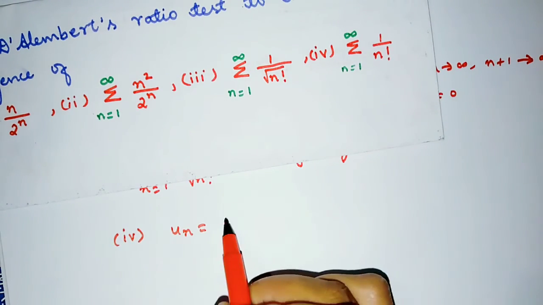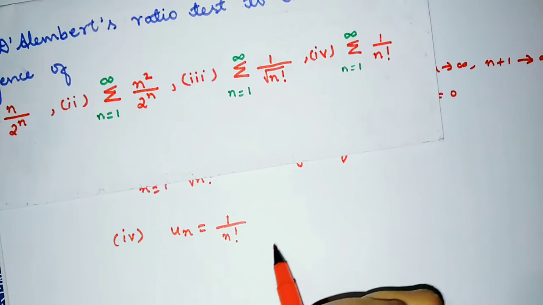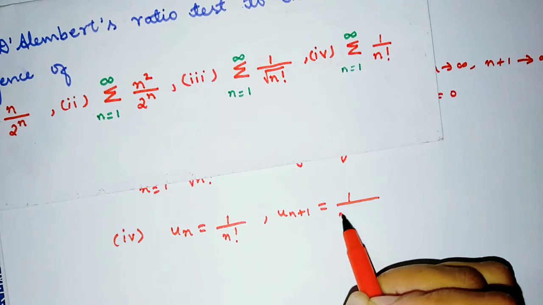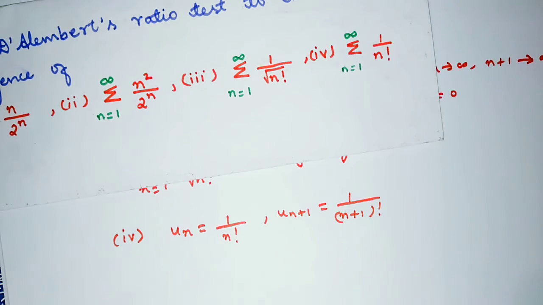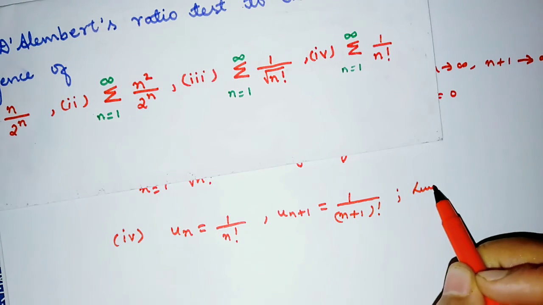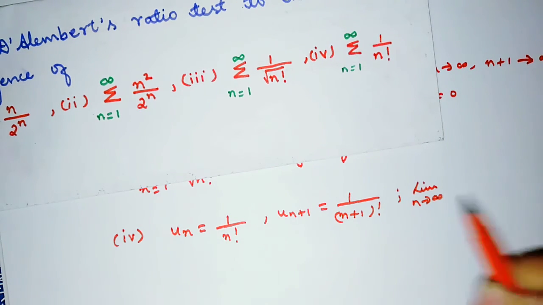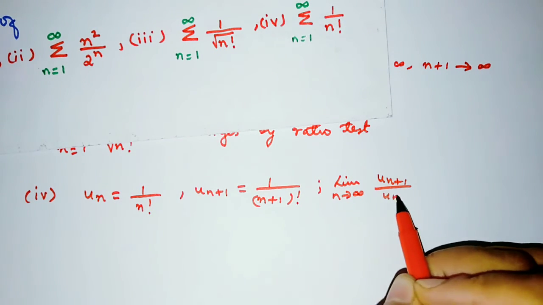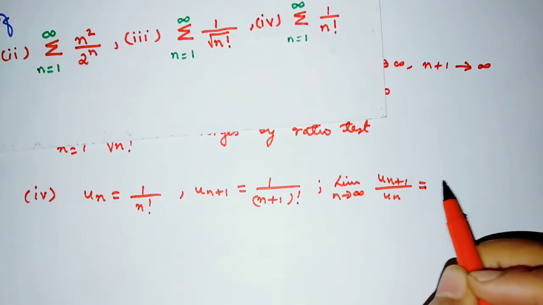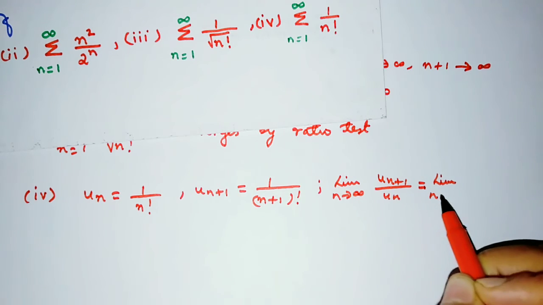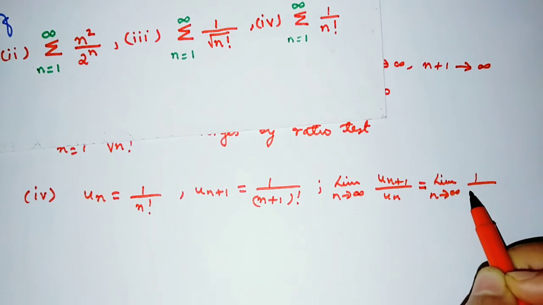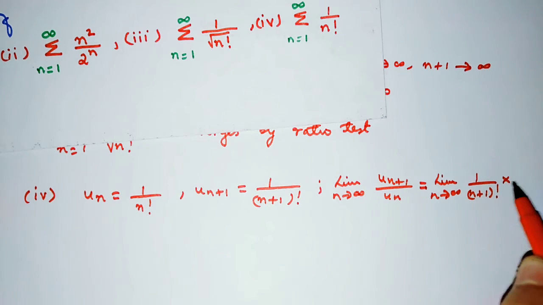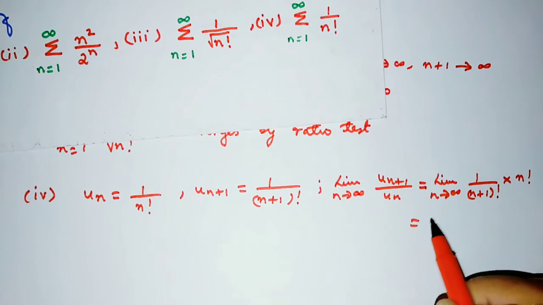Our UN is 1 by n factorial. Now what is UN plus 1? It is 1 by n plus 1 factorial. So now limit n tends to infinity, UN plus 1 by UN is equal to limit n tends to infinity, 1 by n plus 1 factorial divide by UN, that is here we have n factorial.